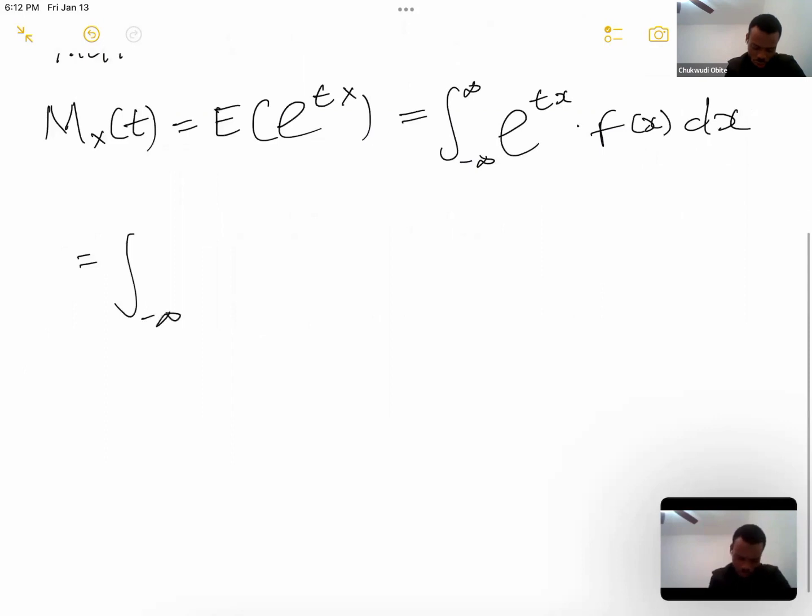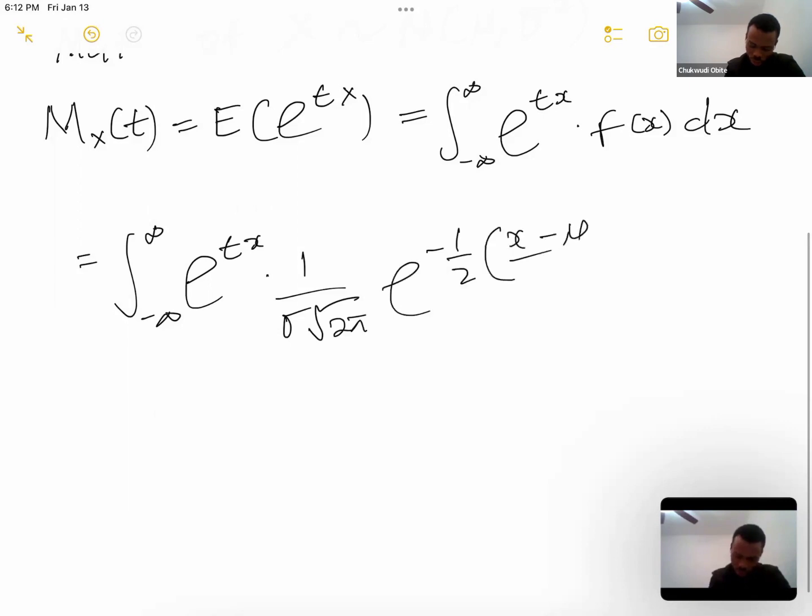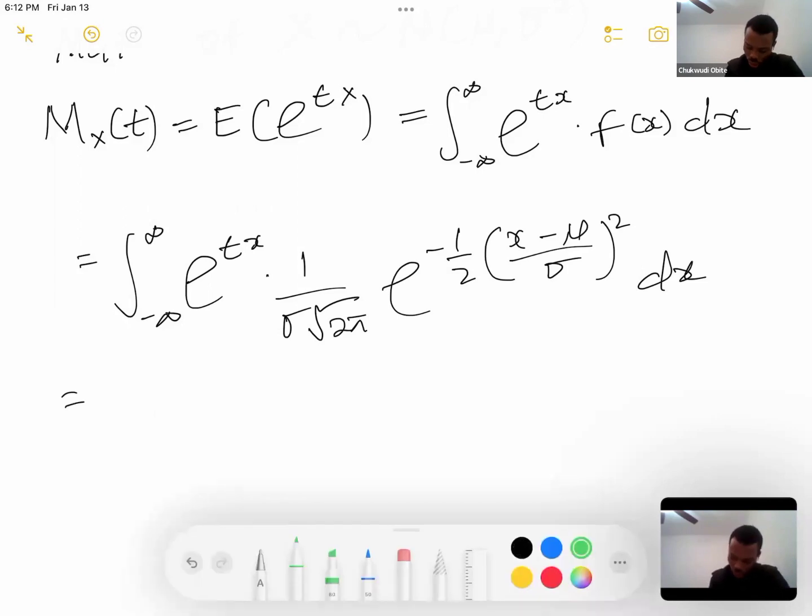So I have to substitute the f of x. I have e^(tx) times 1 over sigma square root of 2 pi e raised to the power minus half ((x minus mu) over sigma) squared dx. To simplify this, I have to take all the constants that do not have anything to do with x outside.